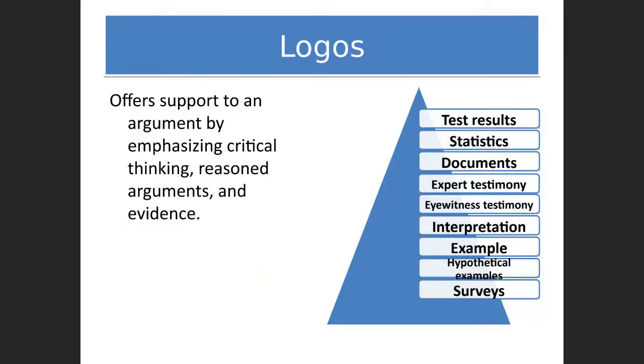When we're talking about logos, as you do your research, this is the type of thing you're looking for. You're looking for test results, statistics, actual documents, especially coming from court cases or the government, expert testimony, eyewitness testimony, interpretation, example, hypothetical examples, and surveys. Think about being in a court of law before a judge. If you were arguing something before a judge, you are trying to weigh down one side.